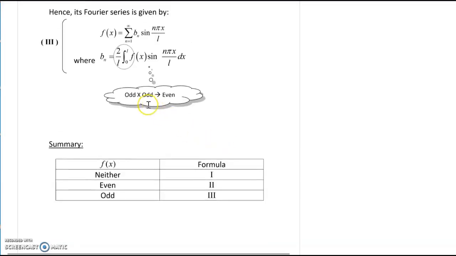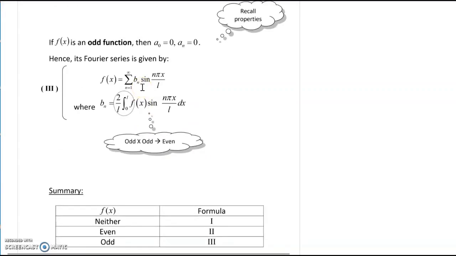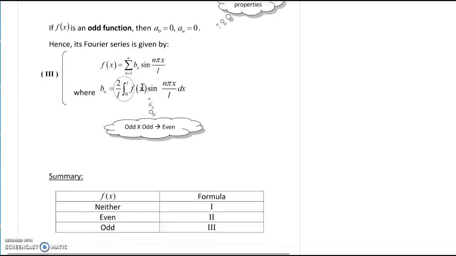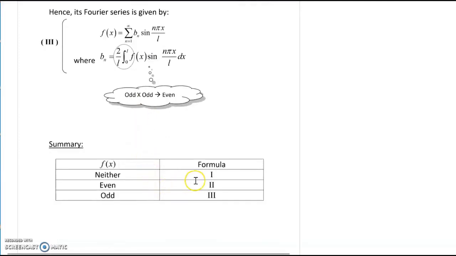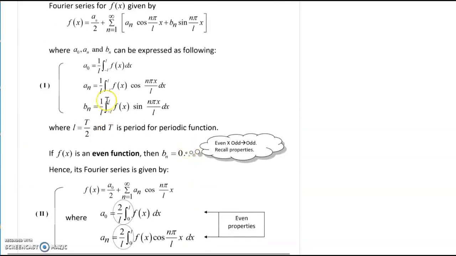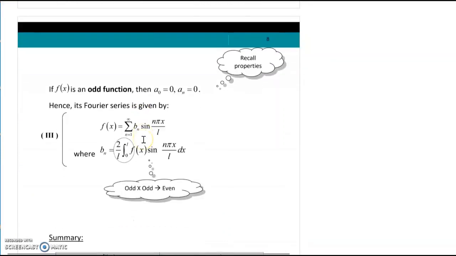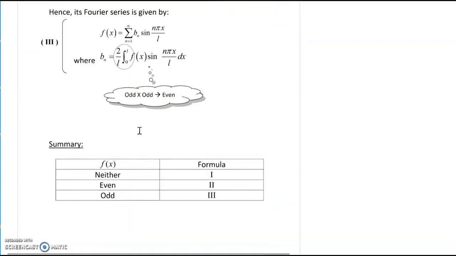Take the example where the function given to you is an odd function. If you don't look at formula number 3, then you will waste your time computing a0 and an just to find at the end they are all 0. Rather than that, go straight to formula 3 and just compute the bn. So you will save your time.